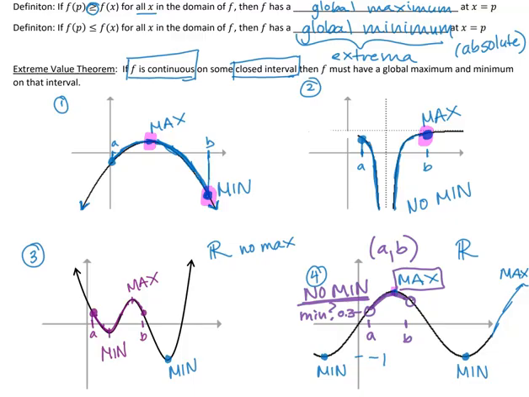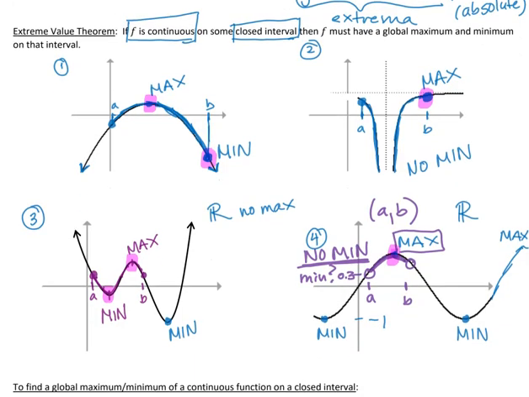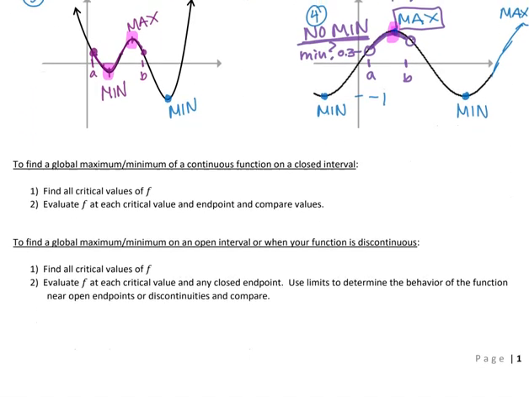On graph number 3, the max and min were both at critical values. And graph number 4, the max was at a critical value and there was no minimum. This is a limited set of examples, but I hope we can spot that the key here is that the global maximum should happen at either a critical value or an endpoint. And we're going to develop our methods for finding the global max and min based on that.